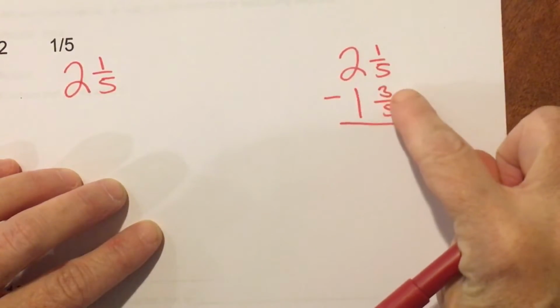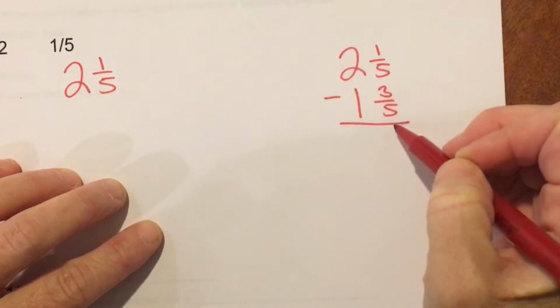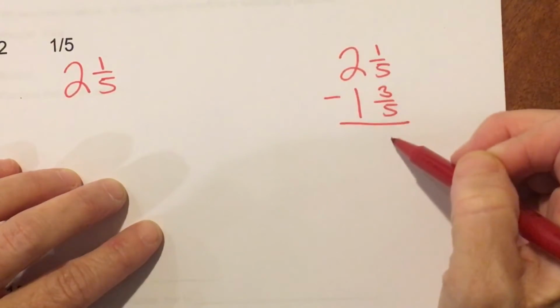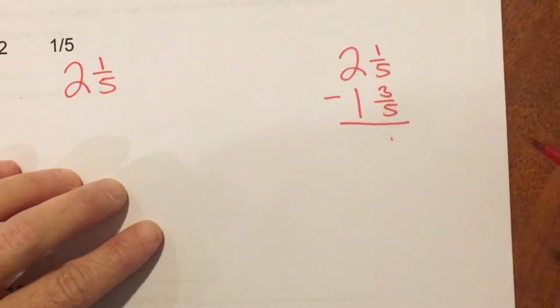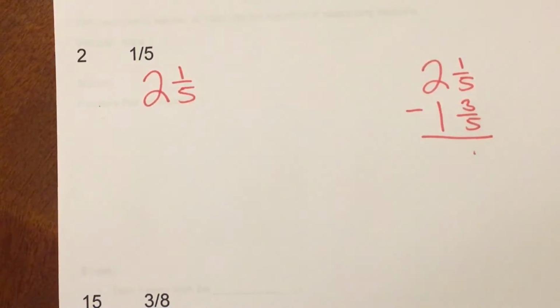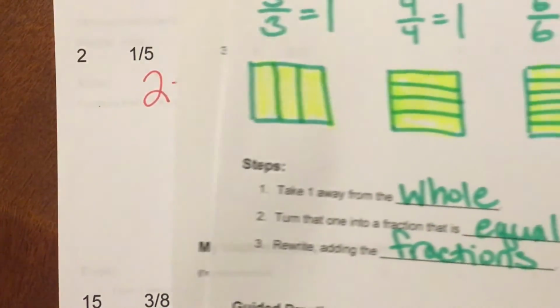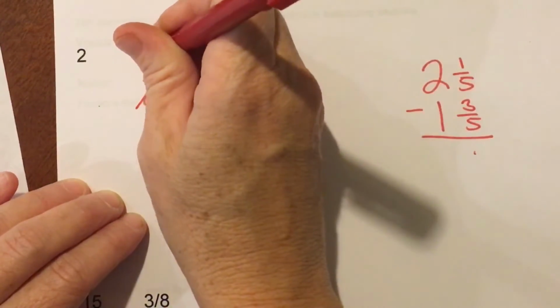When I go to subtract, I have 1/5 and I can't take away 3/5. That's impossible, so I'm going to need to borrow. I'm going to look at my steps again. My steps say I'm going to take 1 from the whole. So if I take 1 away from this 2, it becomes a 1.